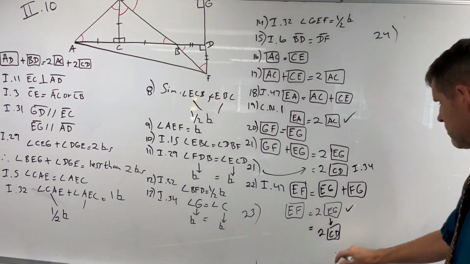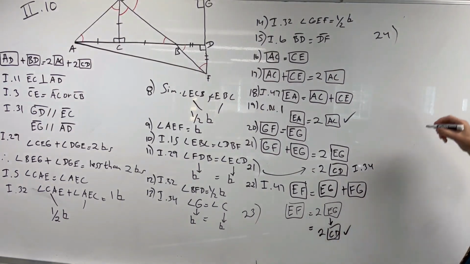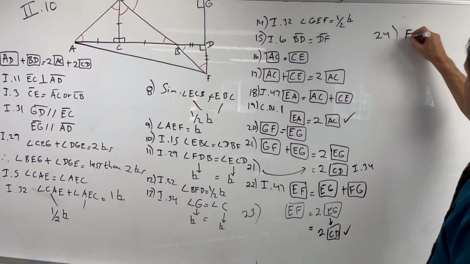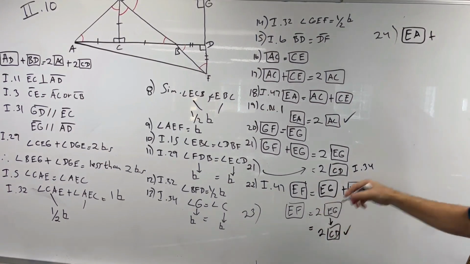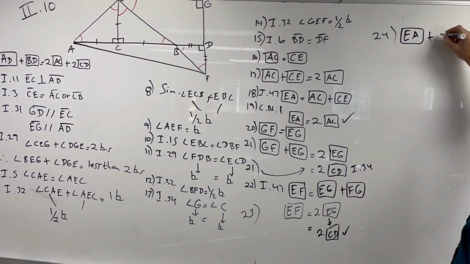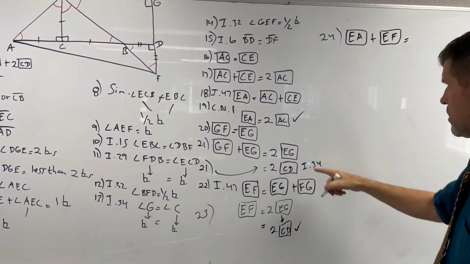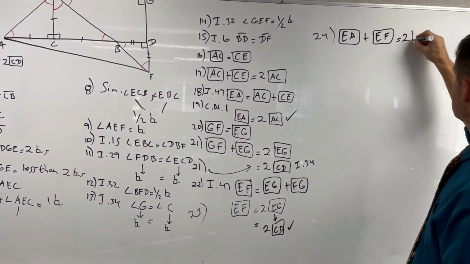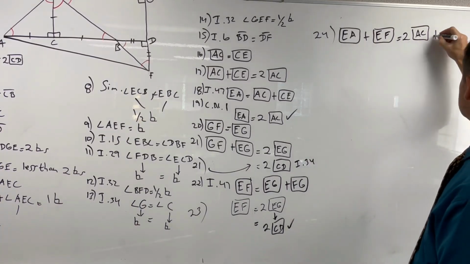So technically we combine the two check marks right here. Therefore, the square on EA plus the square on EF equals twice the square on AC plus twice the square on CD.